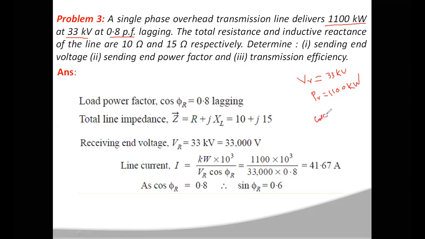Cos phi r is given, so cos phi r is equal to 0.8. So when you know the receiving end power PR, it is nothing but VR into IR cos phi r.